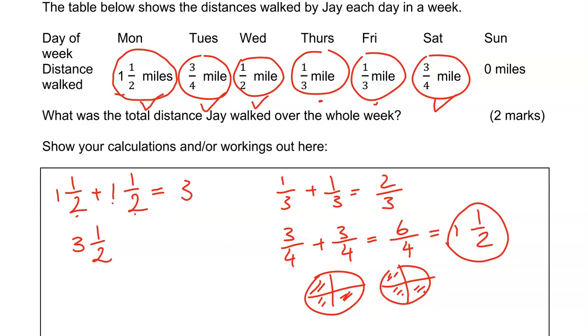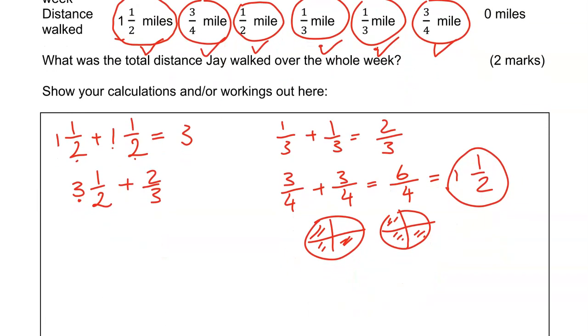And the 2/3 that we added together. So 3.5 and 2/3. Let's just ignore the 3 because it's a whole number and we need to add the fractions first. We'll add the 3 at the end. So half and 2/3.